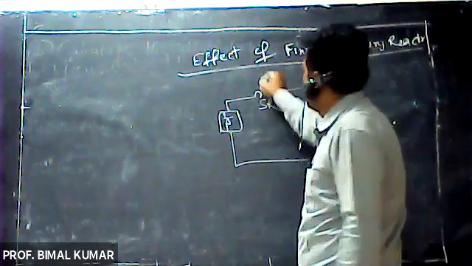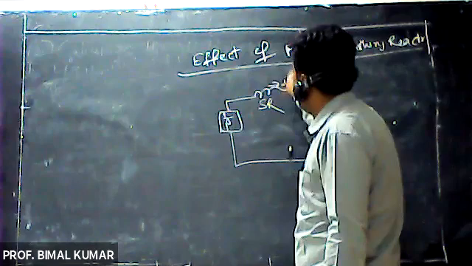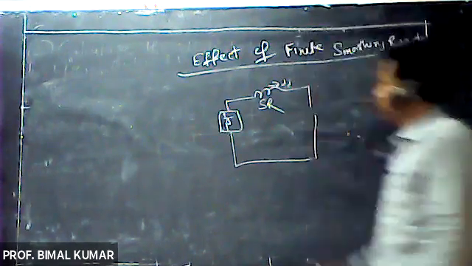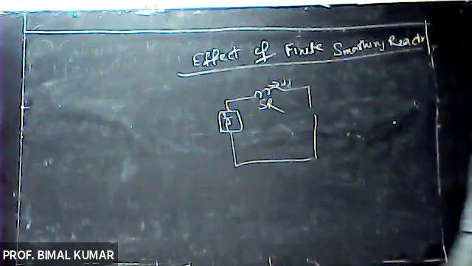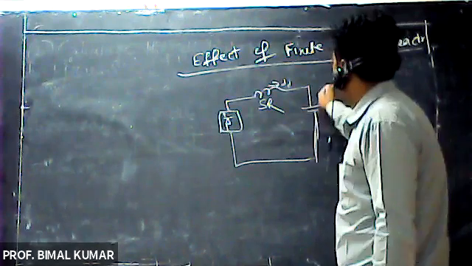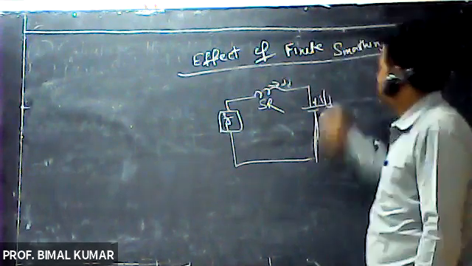Let us suppose ID is the current flowing through it, and here it has the voltage VD.